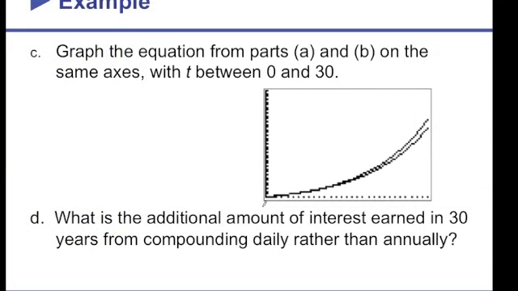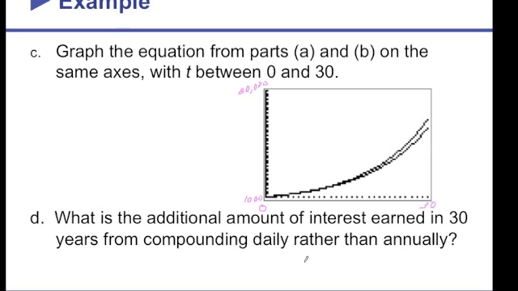Graph, and you remember we used T being from 0 to 30, and we used from the 1,000 starting to 20,000 for my Y values. And here's what it comes out to be. Now it says, what additional amount of interest is earned in 30 years after compounding daily rather than annually?